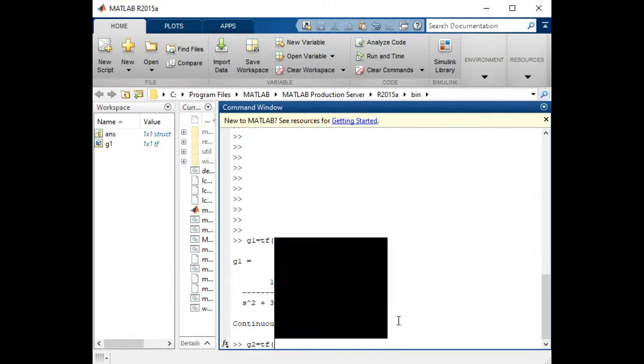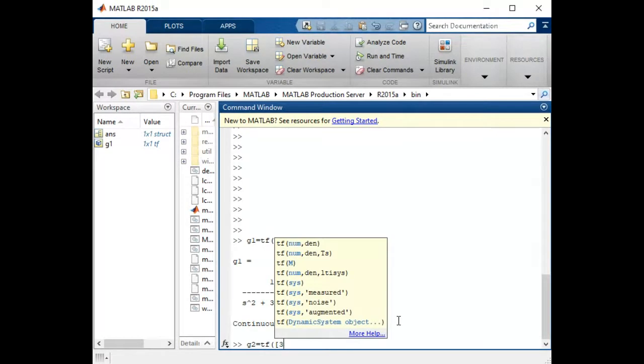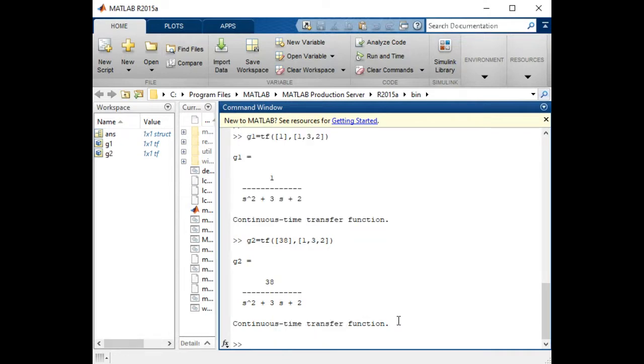I'm defining a system here: numerator as 38, denominator polynomial s squared, that's 1, then 3s, and then you have 2. And so here we have the two systems being defined in MATLAB.